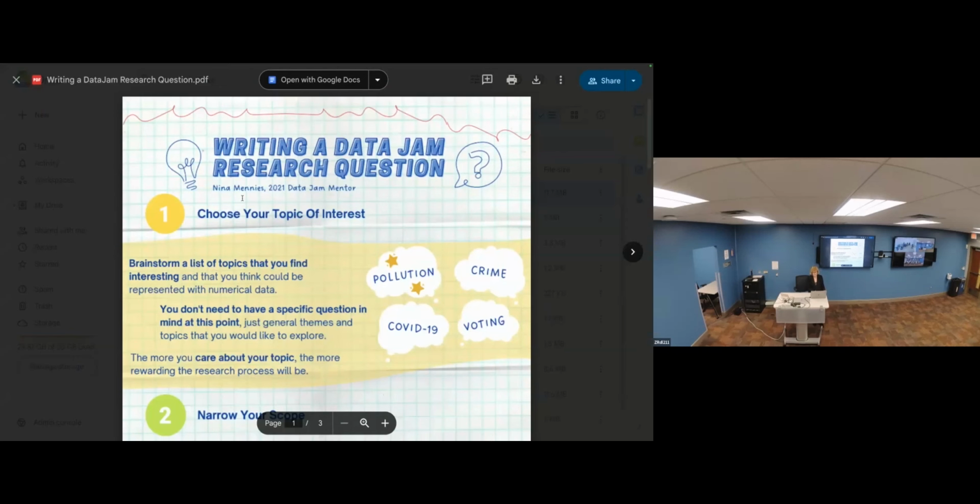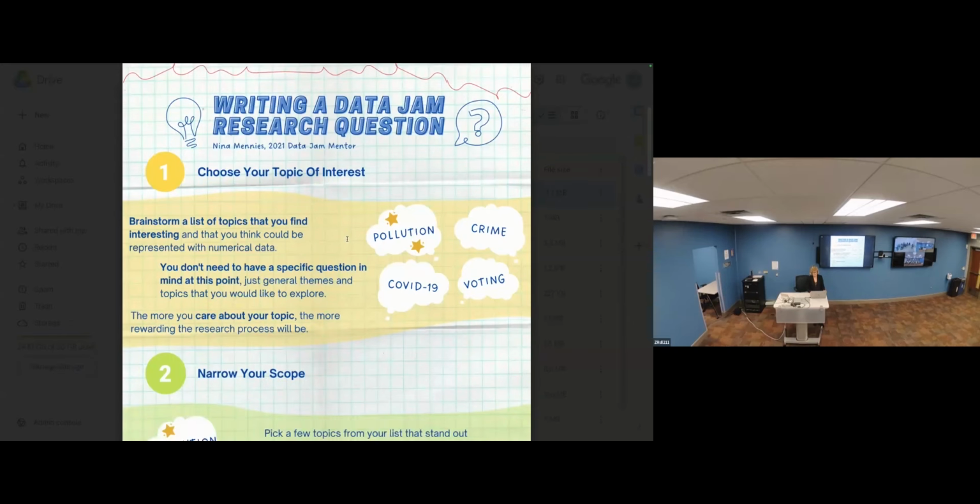So this is a guide that was an end of the term project. We always try to get you to think about how to make it interesting so it will really appeal to students. And this was writing a DataJam research question, and it was just a 3-page document.